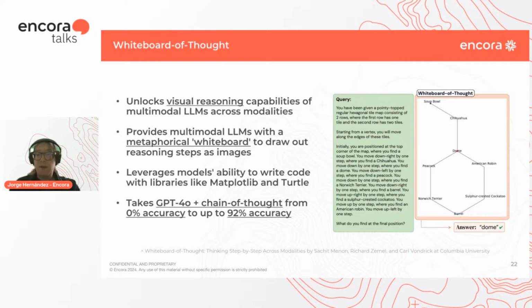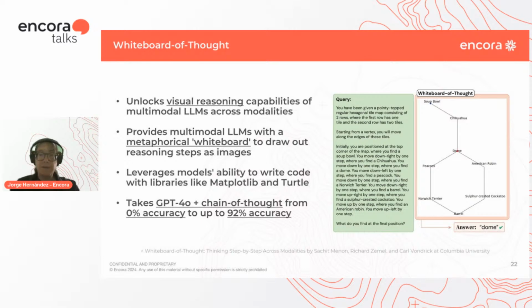The same way, these models use Matplotlib and Turtle code that they themselves generate based upon the problem to generate an image which they then can use to solve the problem. And as I said, GPT-4 gets zero on this, but using this technique, it goes from 0 to 92. So that's an amazing lift.